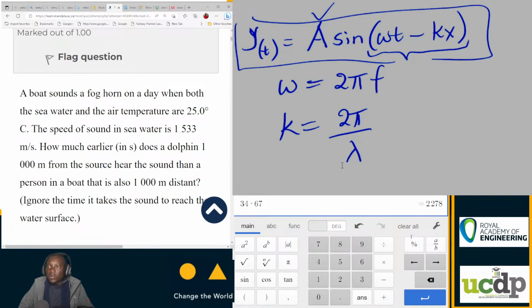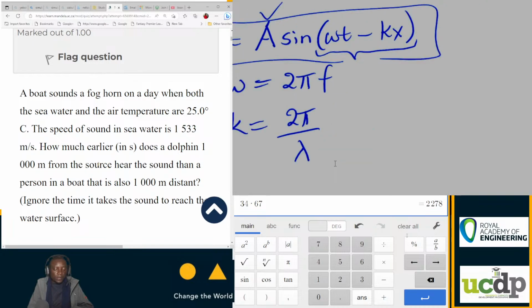The speed of sound in seawater is 1,533 meters per second. How much earlier in seconds does a dolphin 1,000 meters from the source hear the sound than a person in a boat that is also 1,000 meters away? Ignore the time it takes for the sound to reach the water surface.